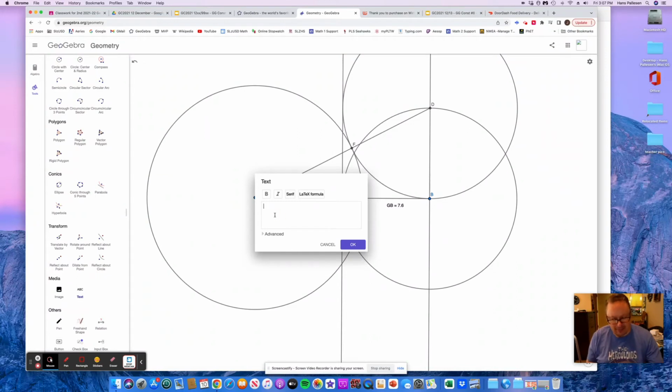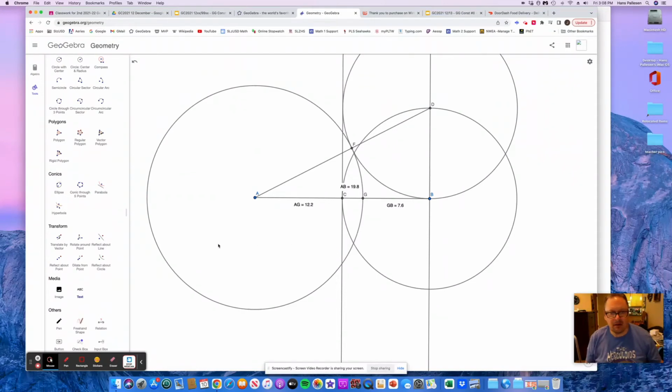And we'll say AB over AG equals 19.8 over 12.2.